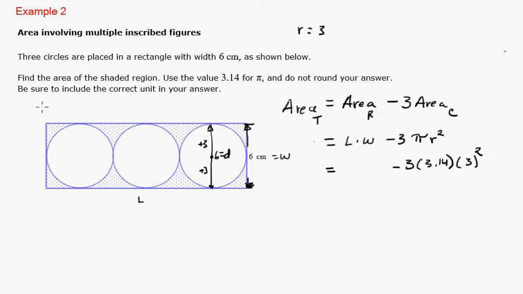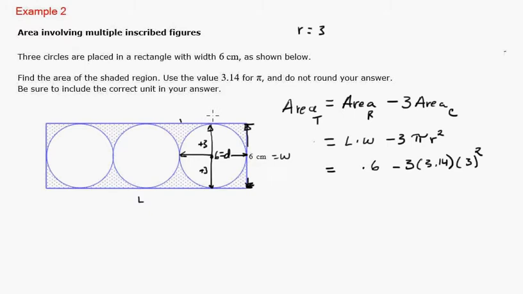Now, we also have the width. The width is 6. But now we need the length. Well, maybe you already see this. If the distance this way is 6, then the distance this way is also 6.